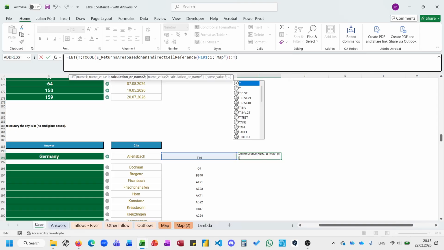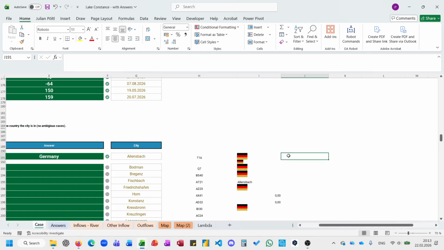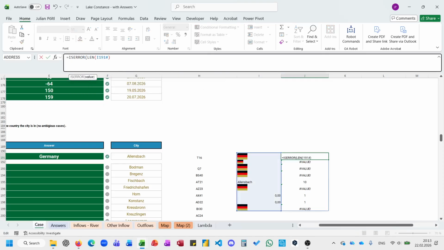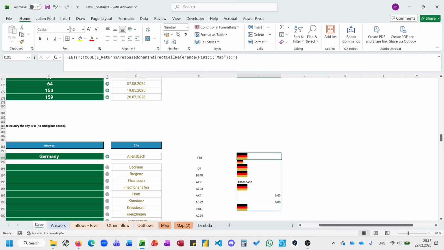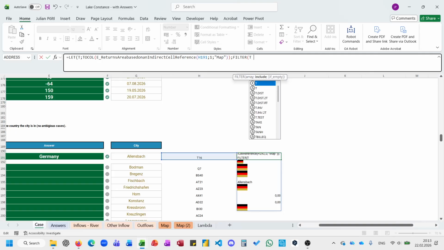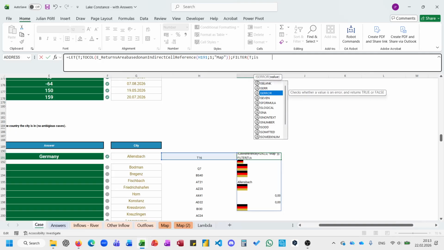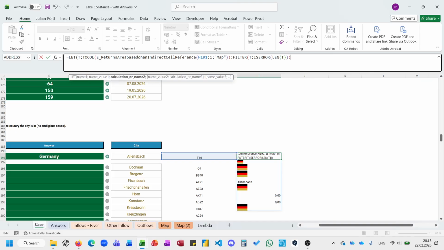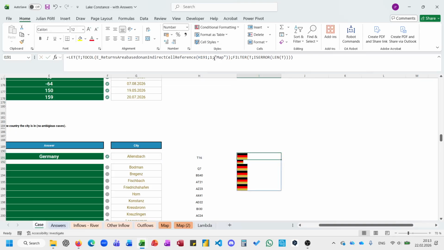Why? This has worked, and then len is an error, and then is error true. Okay, interesting. Filter t is error len of t. Okay, now it has worked.